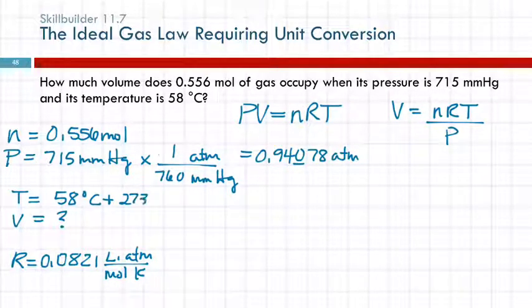Add 273. You can add the 0.15 if you like. 273 plus 58 is 331 Kelvin. These are the units that are in the ideal gas constant. So I'm finding volume.